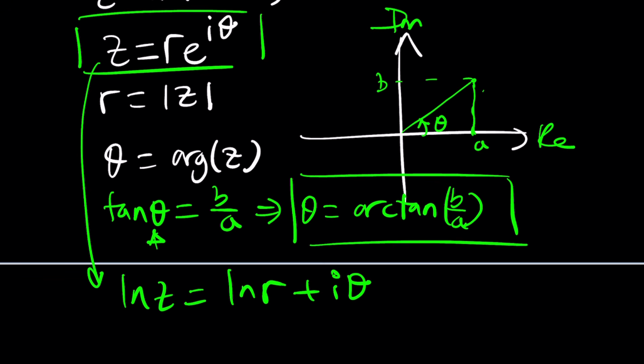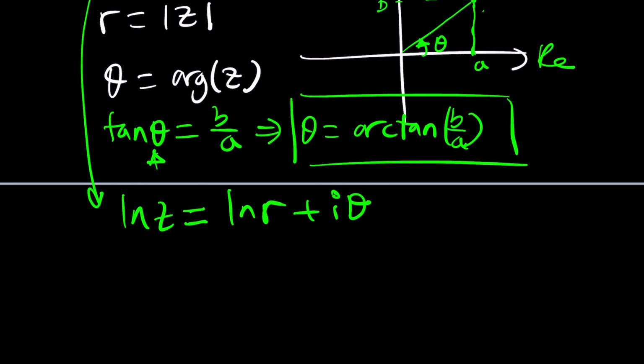Of course, for theta you're allowed to add multiples of 2 pi, because it's just the principal argument, and if you make rotations, you'll get multiple values. That's why we call this multi-valued, and there are different branches. But let's keep it simple and stick to theta in the first quadrant, for simplicity's sake.